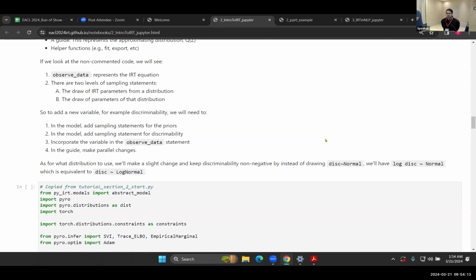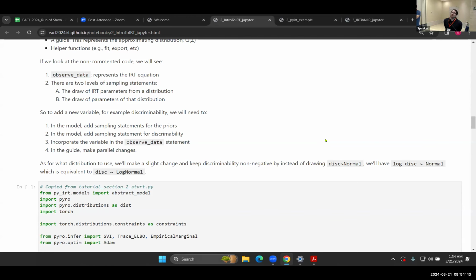There are two ways we could go. We could say discriminability can be any value sampled from a standard normal distribution. That has some implications: the discriminability could be positive or negative. So in the IRT equation, there could be examples where, if the model gets more skilled, it's more likely to get the answer wrong.